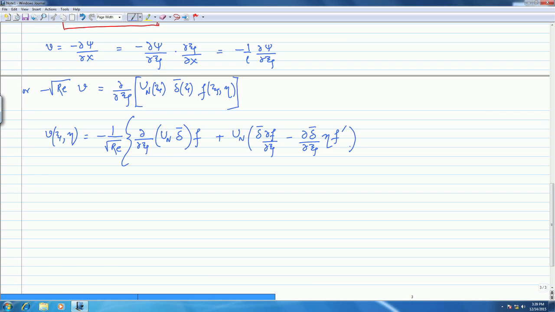And please note that f dash is a derivative with respect to eta, the localized coordinate.